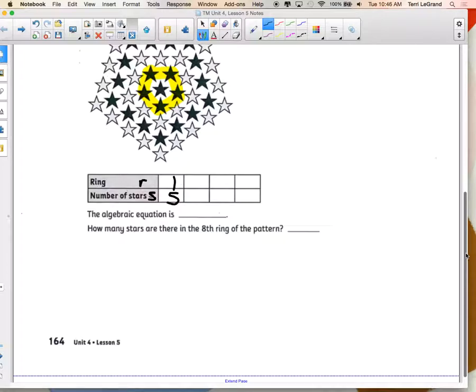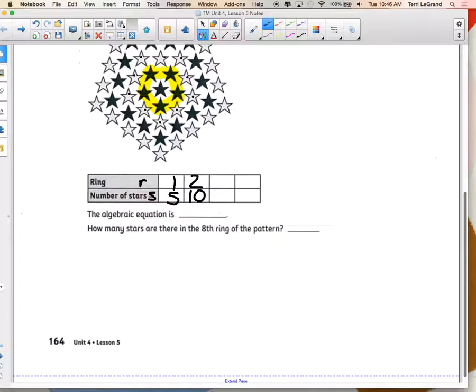Anybody else get 10? Okay. Yep, there should be 10 stars in that one. So in ring 2, the second ring of stars, we get 10 of them. Put a pencil mark after so you know where you start. 1, 2, 3, 4, 5, 6, 7, 8, 9, 10.